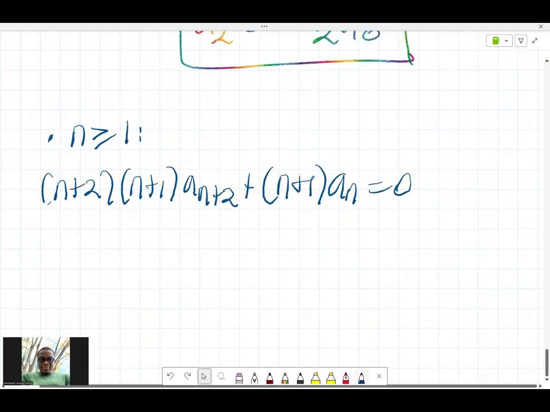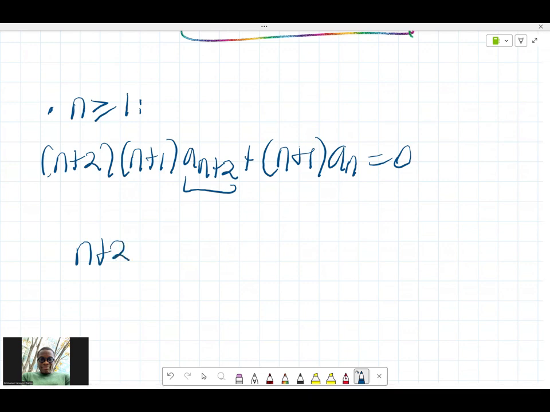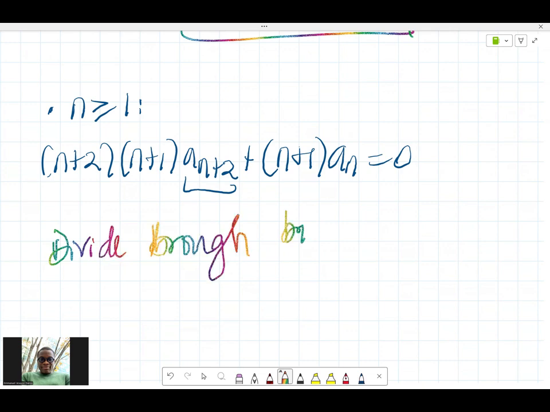With this we can tidy things up. We need recurrence expressions like this. First of all, n plus 1 can cancel out, so we divide through by n plus 1.